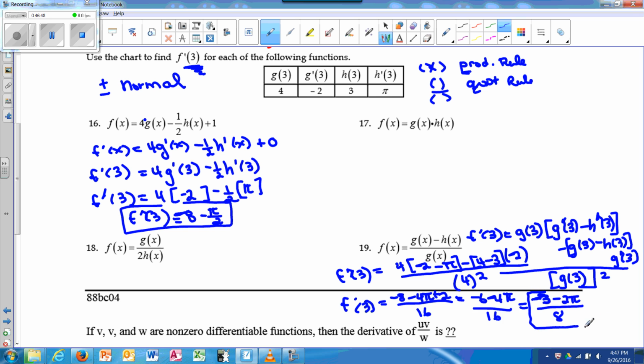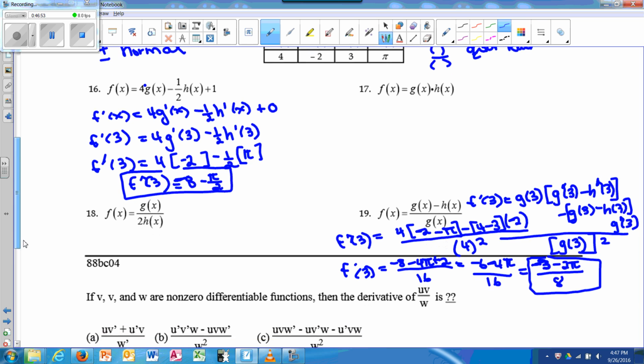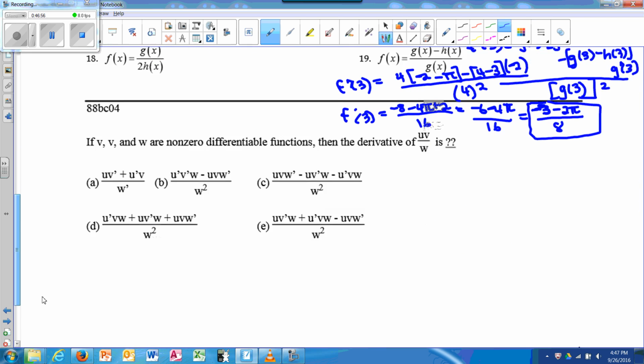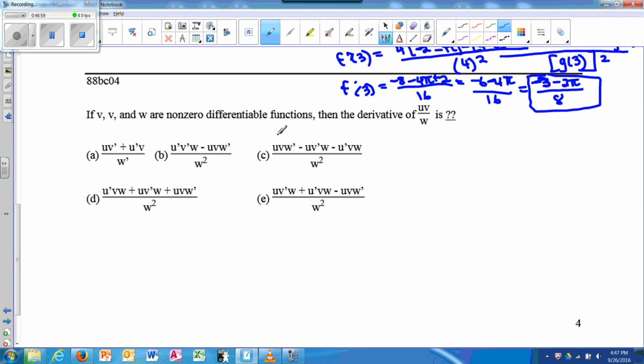So simplified out, we're going to have negative 8, negative 4 pi. A negative times a negative makes a positive, so positive 2 times 1 over 16. So we have negative 6, negative 4 pi over 16. If I factor out a 2, I can factor and cancel a 2. I would have negative 3, negative 2 pi, all over 8.